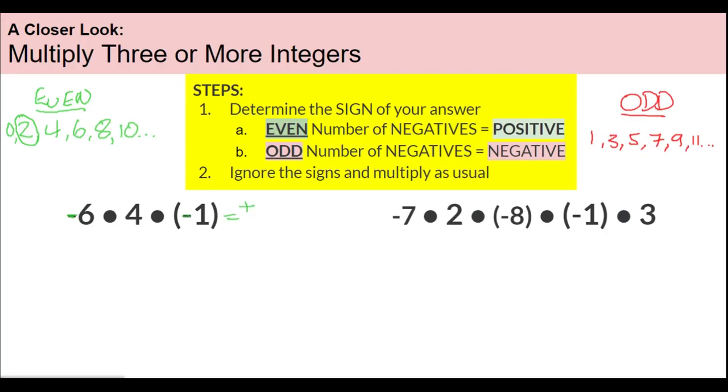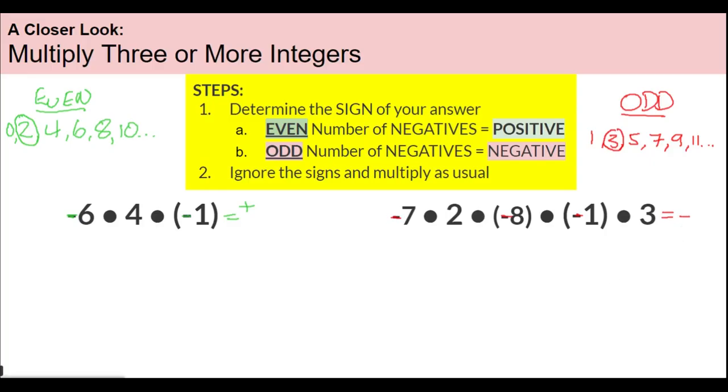What about the next one? Is your answer going to be positive or negative? Negative 7 times 2 times negative 8 times negative 1 times 3. What do you think? Well, I have 1, 2, 3 negatives. 3 is an odd number, so my answer is going to be negative.